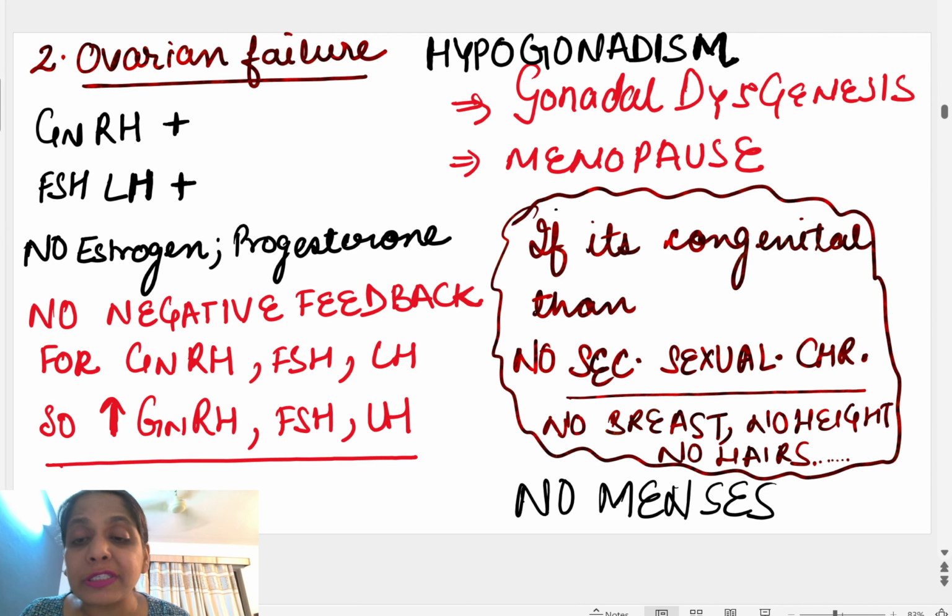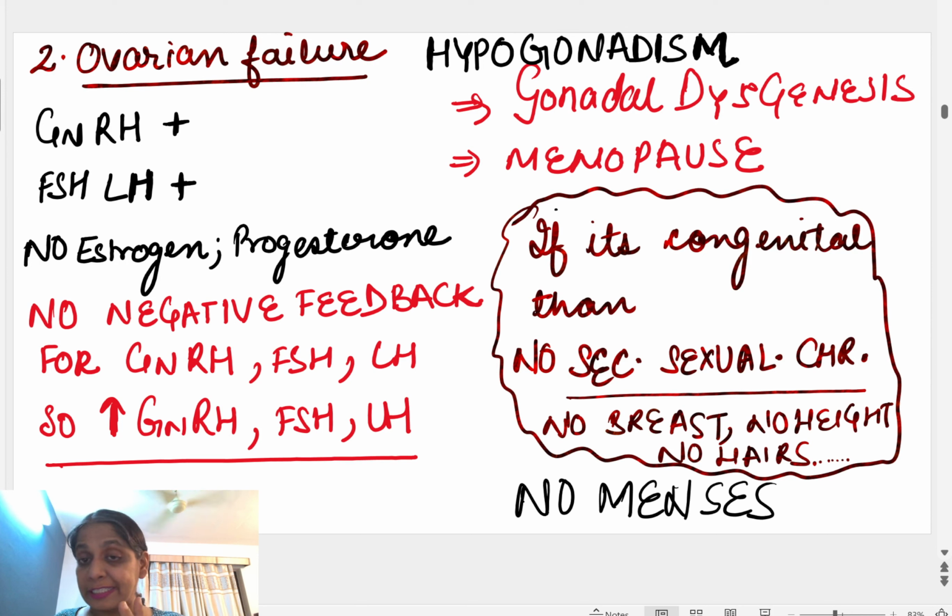So the hypothalamus is working effortlessly. It keeps on releasing gonadotropin releasing hormone. So gonadotropin releasing hormone and FSH, LH are in much higher amounts.